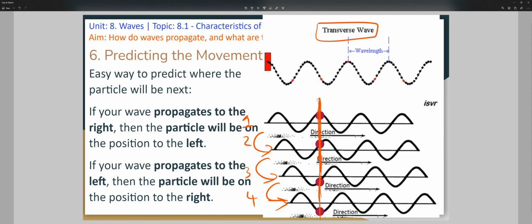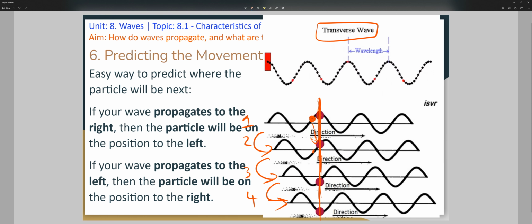Well, as your wave is moving to the right, the dot has only one place to go. It's going to follow the line of the wave. So as the wave moves to the right, you'll see that the particle goes downward and follows the path along that wave, right?